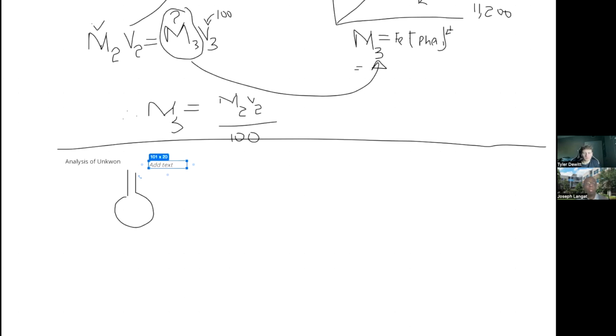This is the mass you dissolved. There's no way you can calculate M1 in this case. We don't know what it is, right? Mm-hmm.